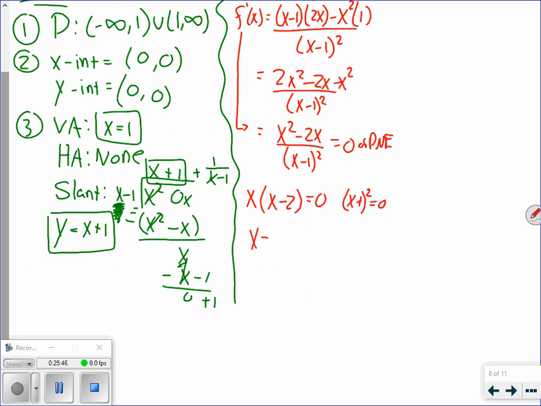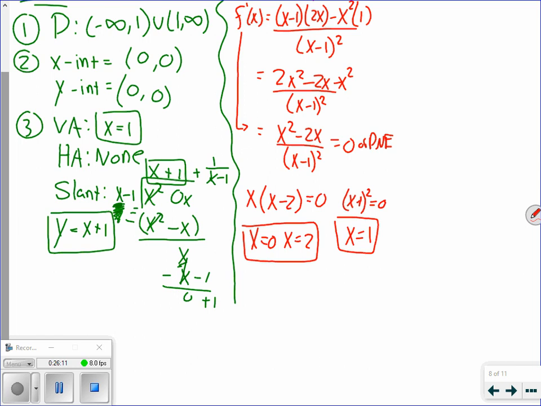And I get x equals 0, x equals 2, and x equals 1. So I've got 3 critical points, 2 that make it 0 and 1 that makes it undefined. We just know that the 1 is going to be a vertical asymptote. It's the 0 and the 2 that do work in the original function.